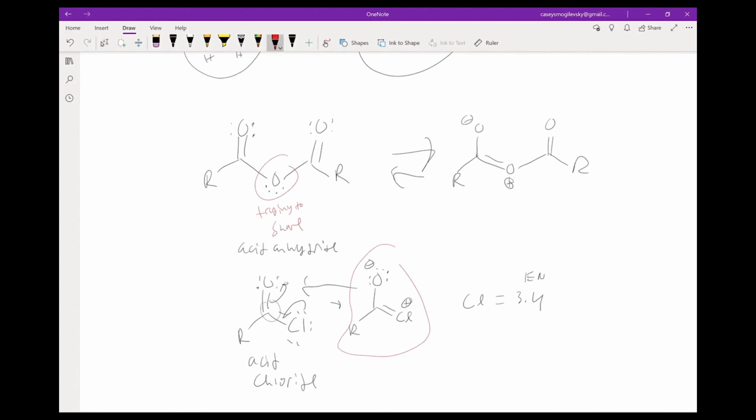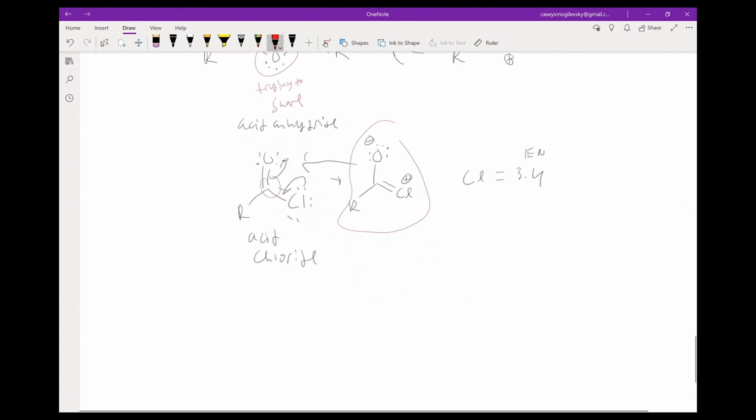Moreover, sorry, this carbon. Moreover, you have two very electronegative atoms next to a carbon, and it really makes this carbon right here very, very electrophilic.